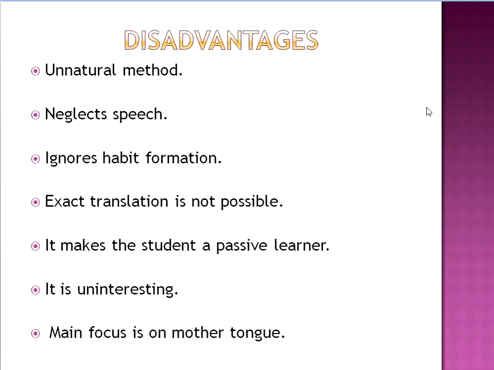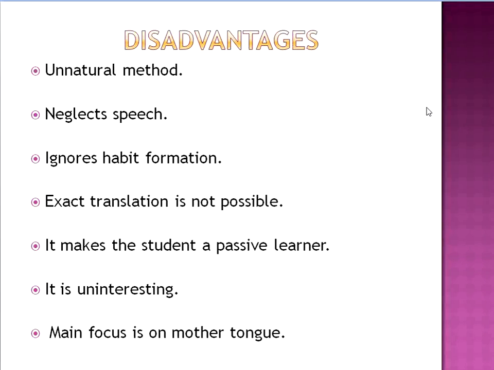It ignores habit formation. So we already know that habit formation is a principle, isn't it? Principle of teaching what? English, second language. Now while teaching the students the second language, English, the teacher is concentrating on the mother tongue. Getting the point?